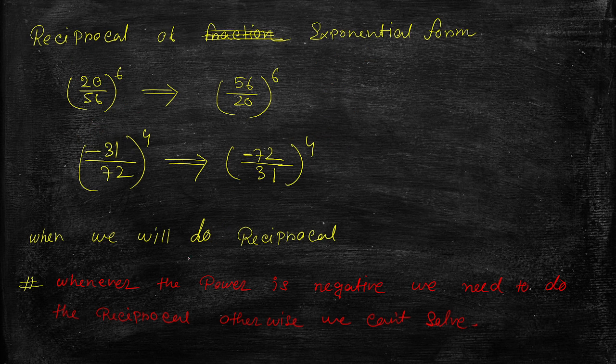Previously there was no negative sign on the base, that's why no sign change there. But if there is a negative power, the sign will get changed. Reciprocal basically means opposite, so the sign of the power will also get changed. I hope this is clear.